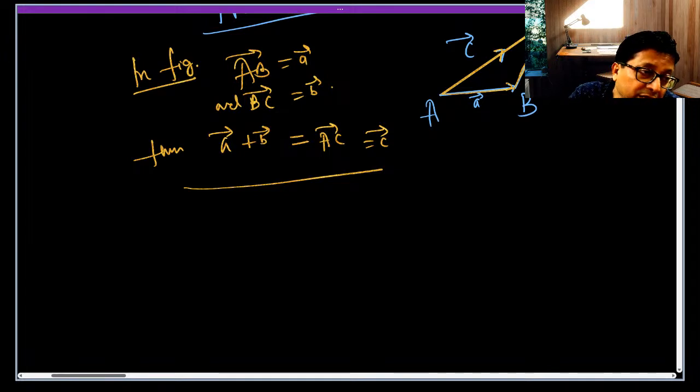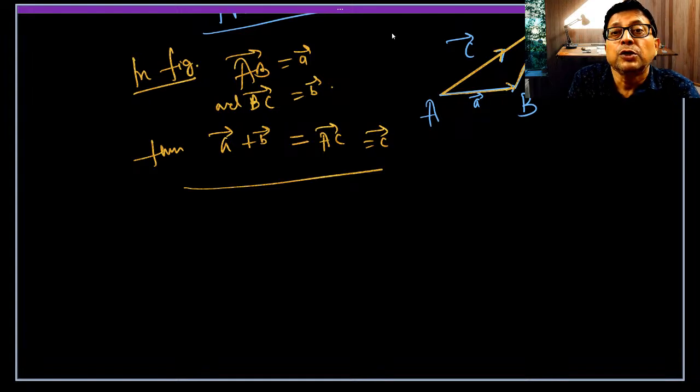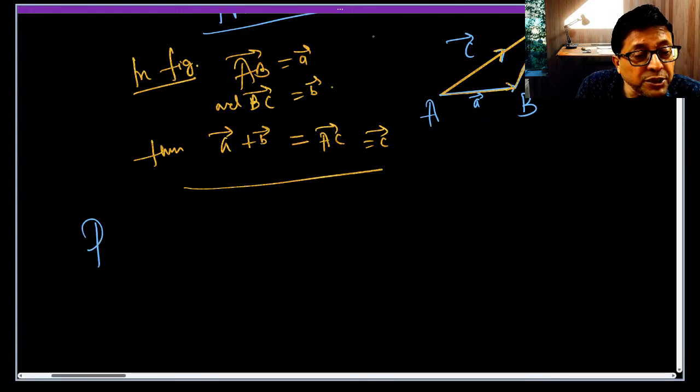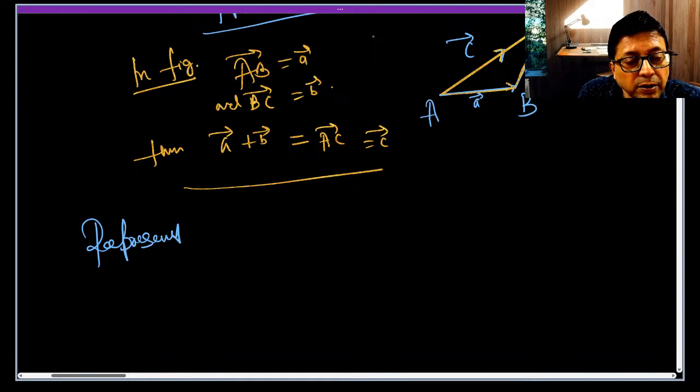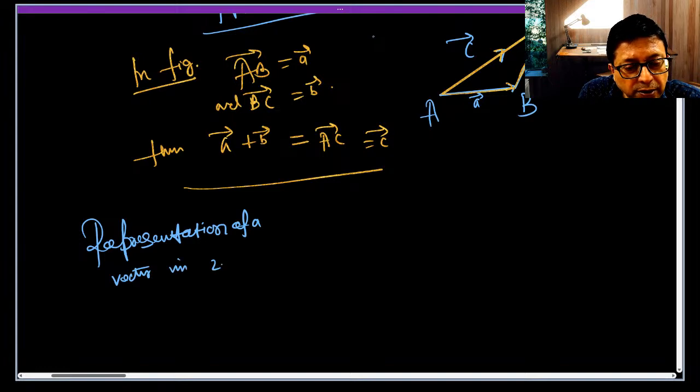So based on this, I can represent a vector in two dimensions. Okay? So we are going to do representation of a vector in 2D.